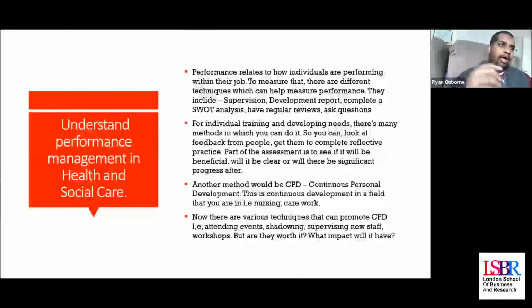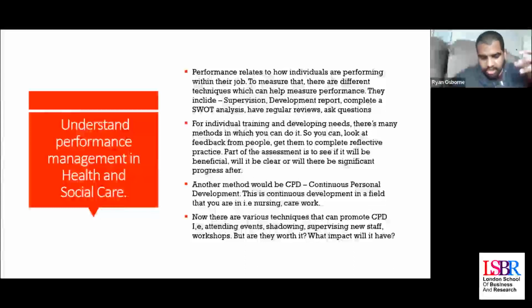Are you a good team player, etc.? Weaknesses are the places where you are not so good, where you need a bit more work. Opportunities are your opportunities to work on those weaknesses. And the threats are basically, there's an opportunity, but what might stop me from actually doing the thing?